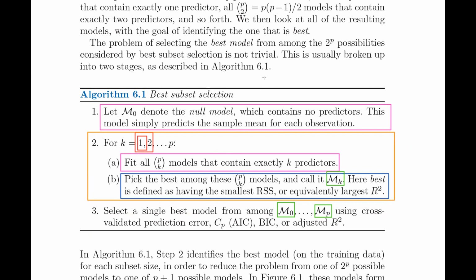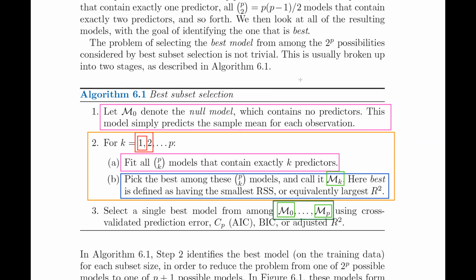Sorry about that. In step 2, you have then selected the best model with a single predictor variable, the best model from those with 2 predictor variables, and in this way, you've built a set of P plus 1 models, ranging from no predictor variables to all the predictor variables.